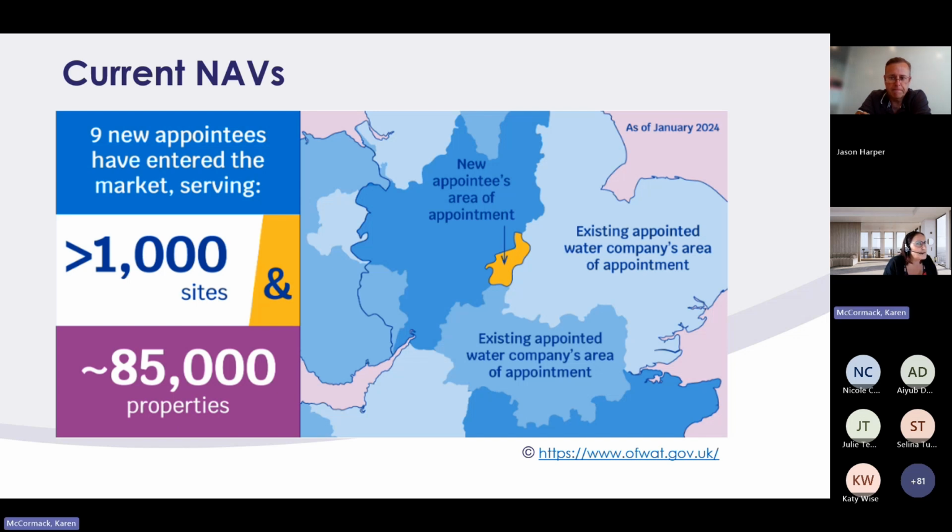Thank you, Jason. I've just got one more question from Katie Wise. She's asking, how can the NAVs give competition to the authority waters when they are to charge the same price? I think they look at it as having everything under one roof.